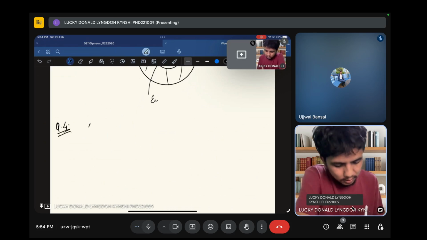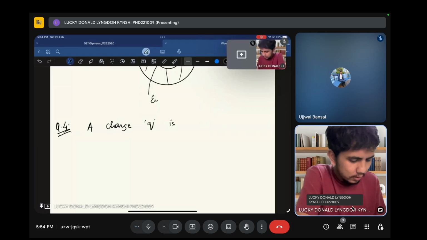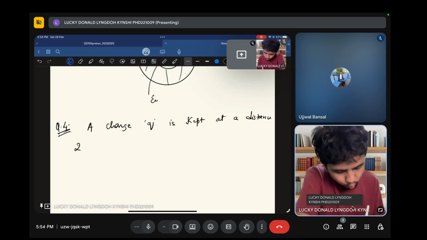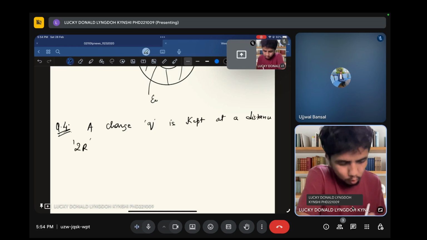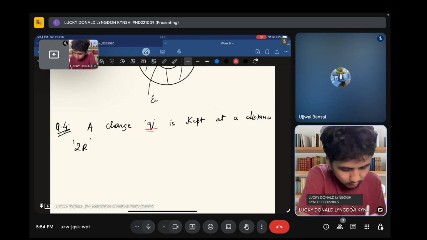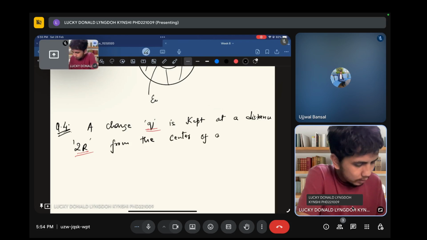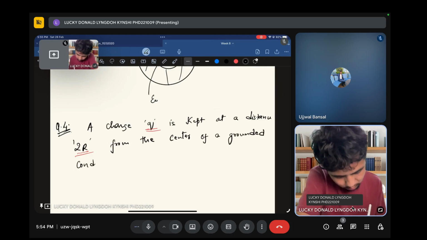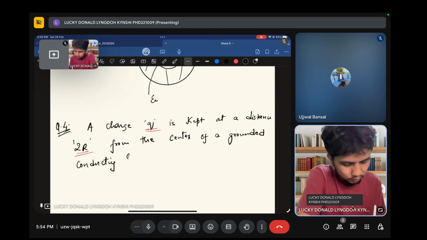It says that a charge Q is kept at a distance 2r from the center of a grounded conducting sphere.